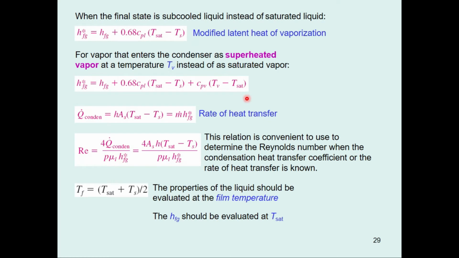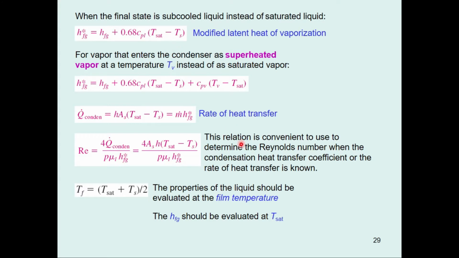Previously we have used the latent heat of vaporization, which is the heat released as a unit mass of vapor condenses, and it normally represents the heat transfer per unit mass of the condensate formed during the condensation process. However, in the actual condensation process the condensate is cooled further to some average temperature between Tsat and Ts. So in real processes, condensation occurs at any temperature between the saturation temperature and the surface temperature.